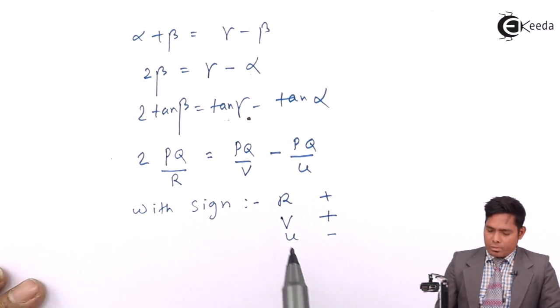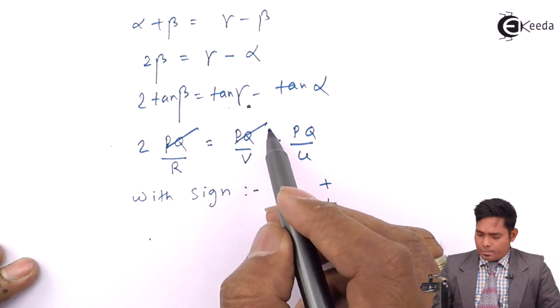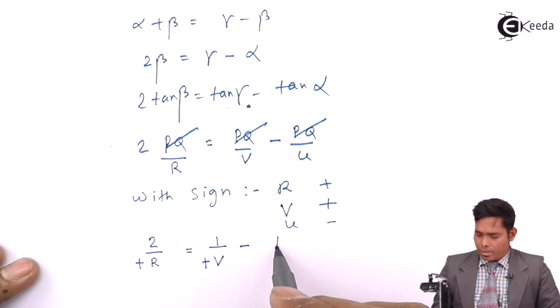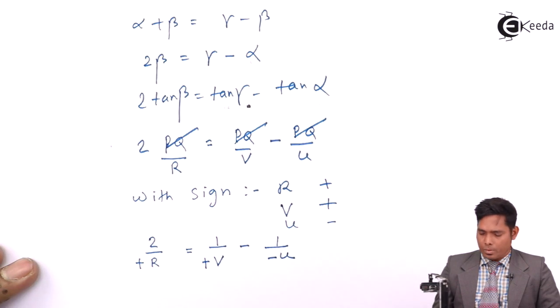If you put this convention over here, the PQ cancels, and it becomes 2 by plus R equals 1 by plus V minus 1 by minus U. So from here it is 2 by R equals 1 by V plus 1 by U.